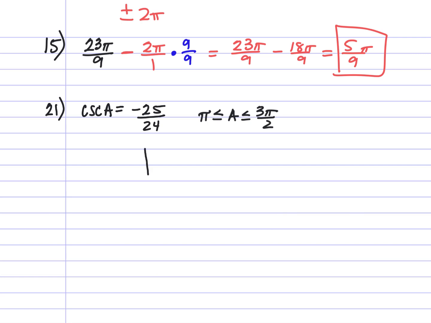So of course, what I'm going to do is draw a picture. This is 0, pi over 2, pi, 3 pi over 2, all the way around is 2 pi. It's telling me between pi and 3 pi over 2. So my angle's somewhere here.